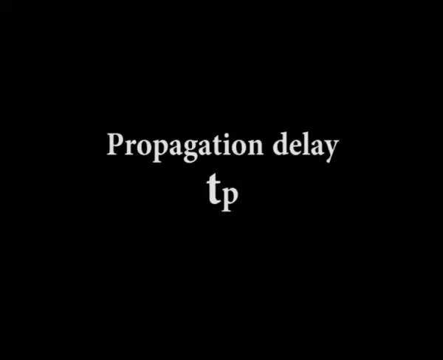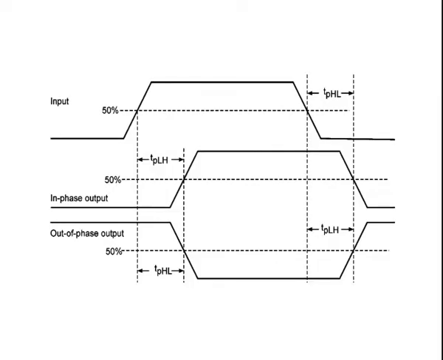Propagation delay. The propagation delay is the time delay between the occurrence of change in the logical level at the input and before it is reflected at the output. It is the time delay between the specified voltage points on the input and output waveforms.